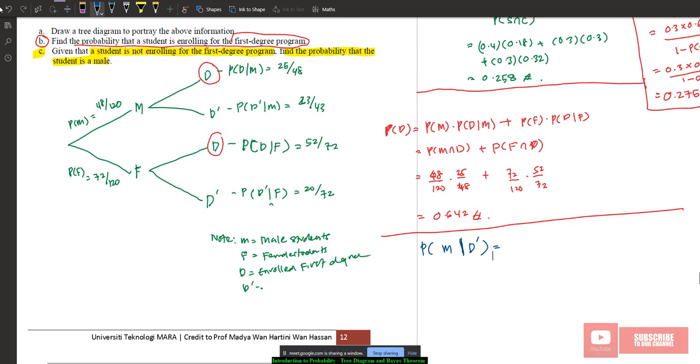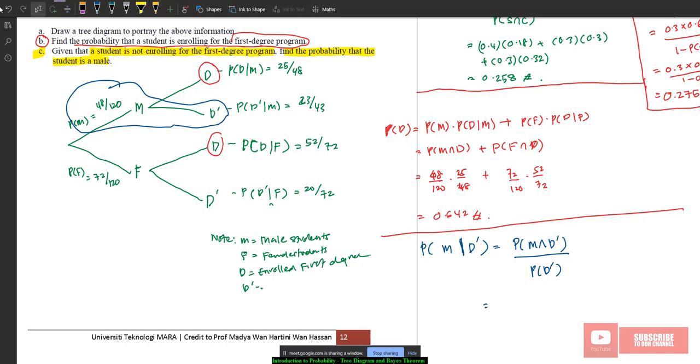By using our knowledge on conditional probability, probability of M intersect D complement divided by probability of D complement. Probability of M intersect D complement is this one, equal to 48 over 120 multiplied with 23 over 43.